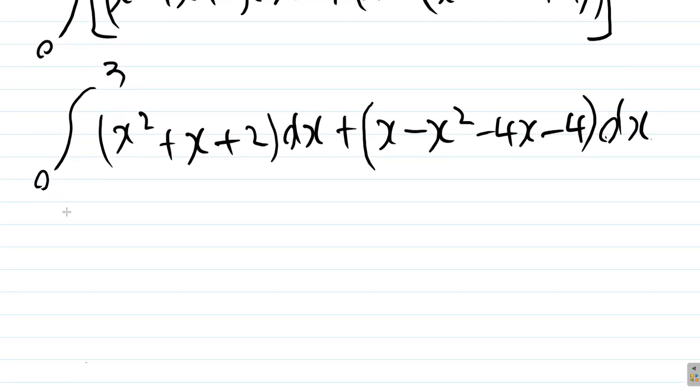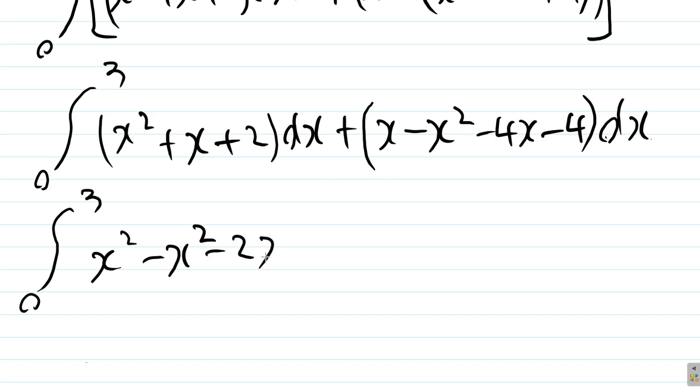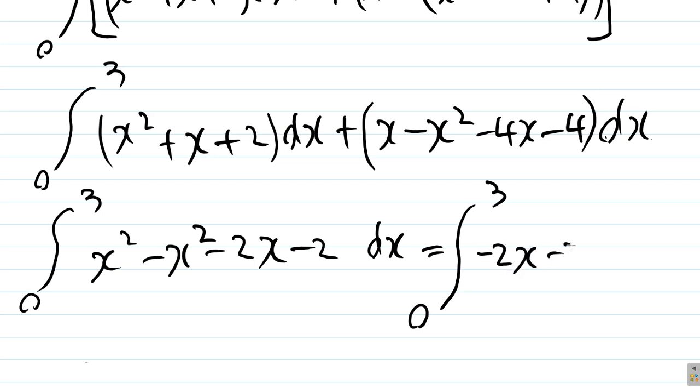So what you have now is the integral from 0 to 3 of, putting everything together, x squared minus x squared, x plus x is 2x, 2x minus 4x is minus 2x, then 2 minus 4 is minus 2 dx, which is equal to the integral from 0 to 3 of negative 2x minus 2 dx. Alright.